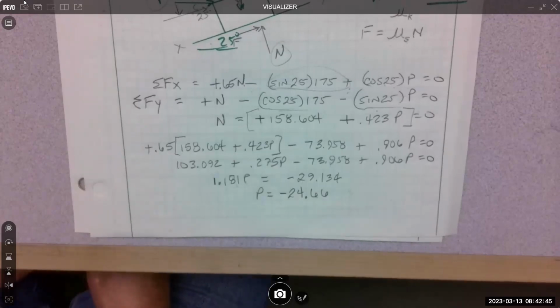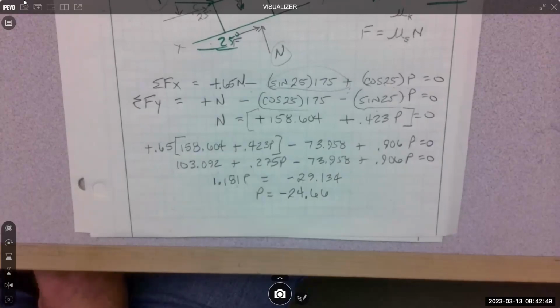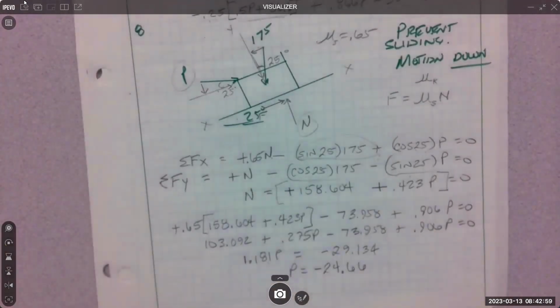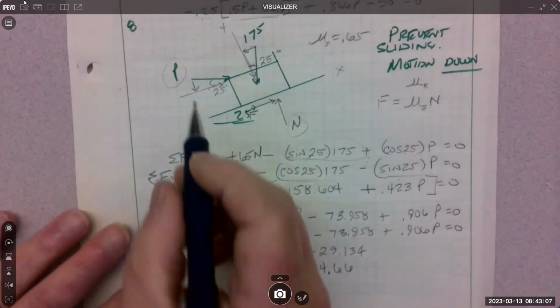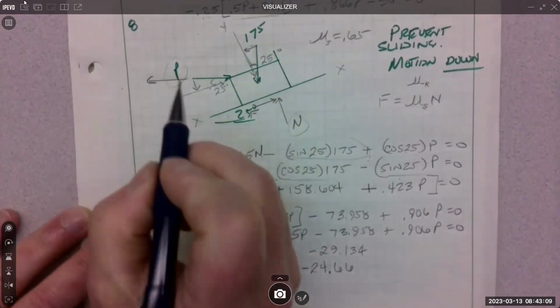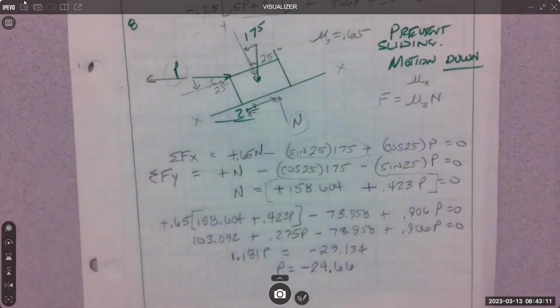So why the minus? What does a negative mean when we solve statics problems? That's exactly right. They want impending motion down the hill, right? That means to get to impending motion down the hill, we actually have to pull on it, not push on it.